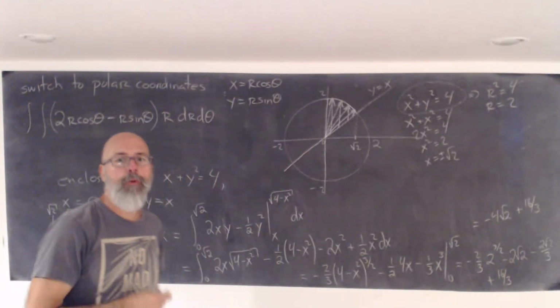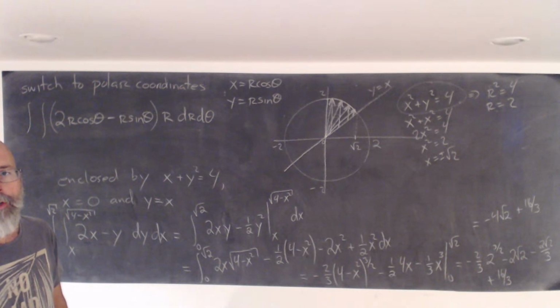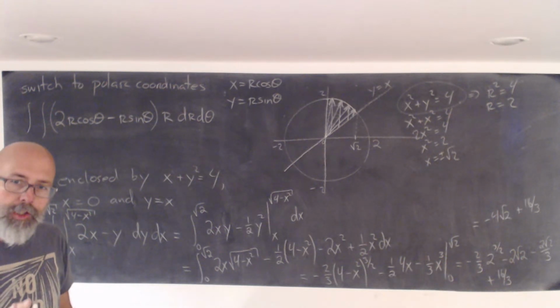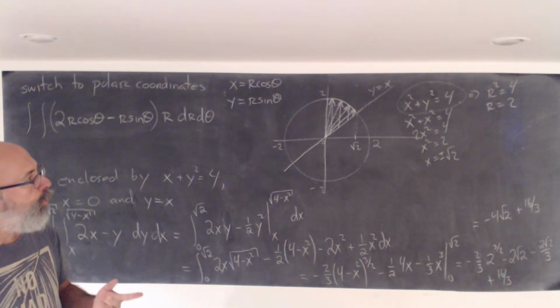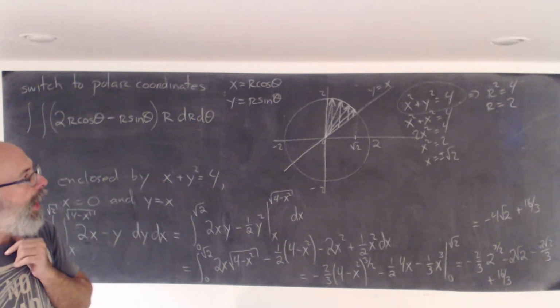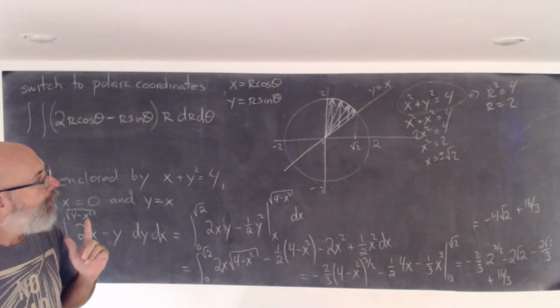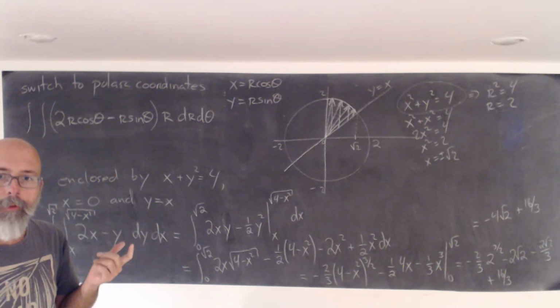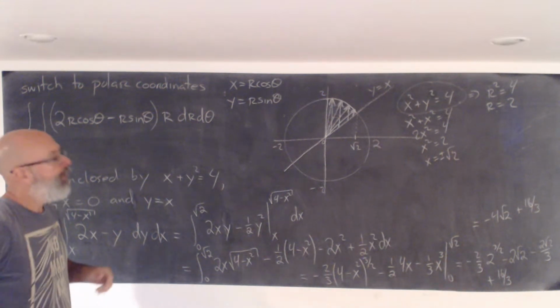Quinn is asking if we always integrate in terms of r first, never theta first. It's customary to integrate with respect to r first, and I'll tell you why. You usually have r in terms of theta and almost never the other way around. Right?